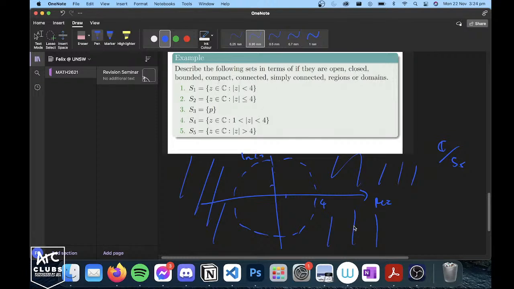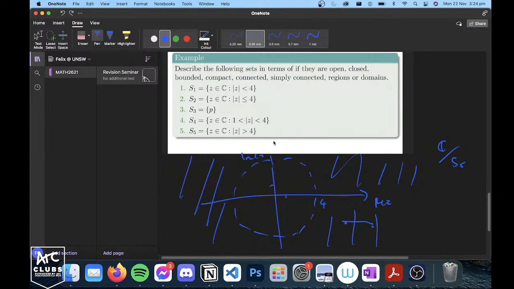Yes, because if I get 2 points, I can connect them. But it's not simply connected because we have this hole in the middle. It's open. Is it a region? Well, it contains none of its boundary points, so it is a region. And as for domain, it is also a domain because it's open and connected.